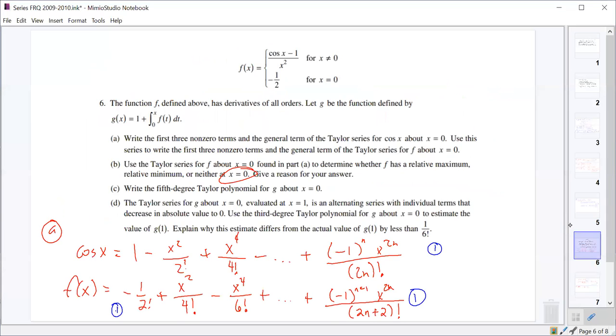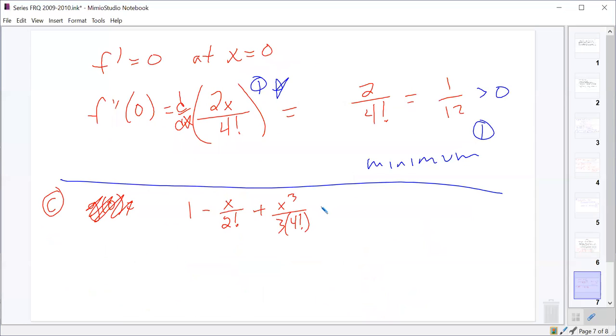And the next term should be x to the 5th over 5 times 6 factorial. And so on. Did it ask for a general term? No, we just wanted the fifth degree Taylor polynomial. So that would be our fifth degree Taylor polynomial.